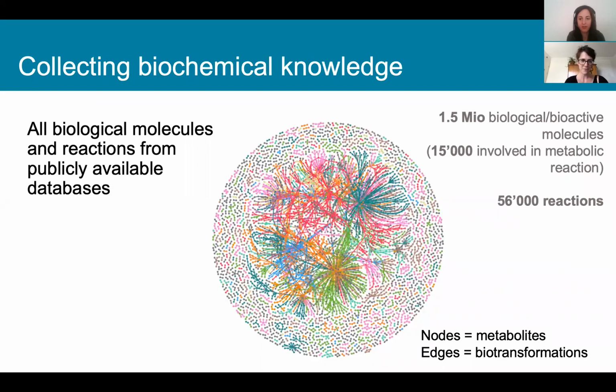So when we saw that there was really a need for large-scale predictions, we started with collecting all the biological molecules and reactions from publicly available databases, because now much of the data is distributed in different databases. So, for example, those who do more metabolic modeling have their own databases, and then there are databases just for drugs.